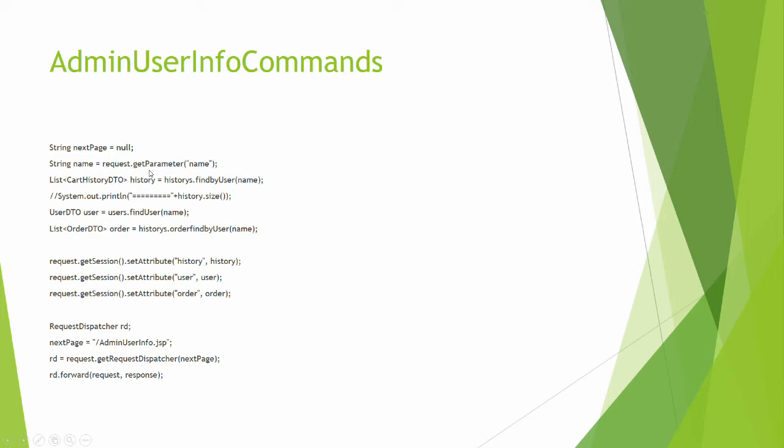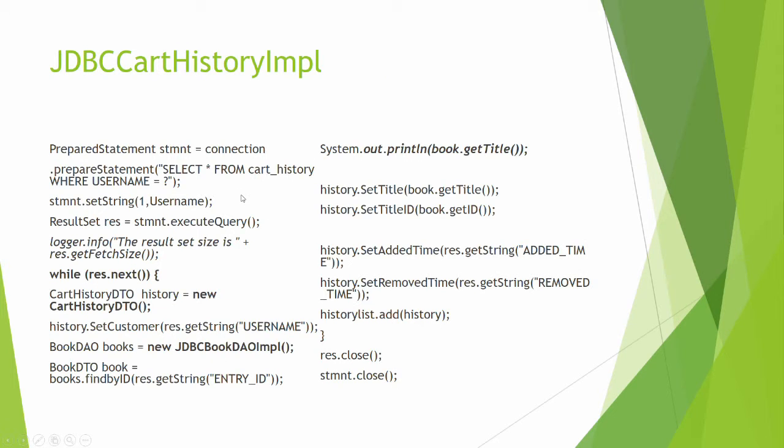So in the admin user info command, you will request the history of the order and also the history of the cart. Inside the JDBC cart history implementation, you will request all the information by using the following SQL: select star from cart history where username equals question mark.